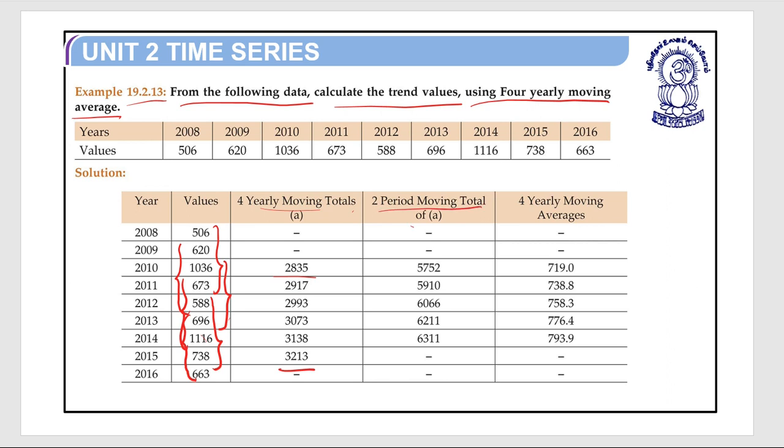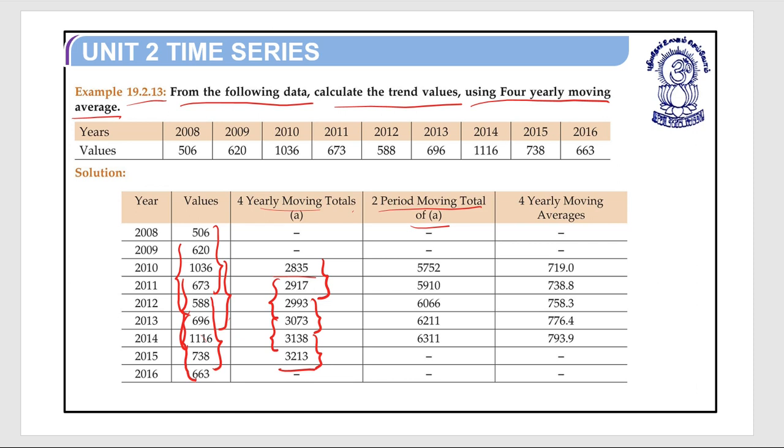Now take the 2-period moving total: 2835 plus 2917, 2917 plus 2993, 2993 plus 3073, 3073 plus 3138, 3138 plus 3213. So you will get the 5 values.